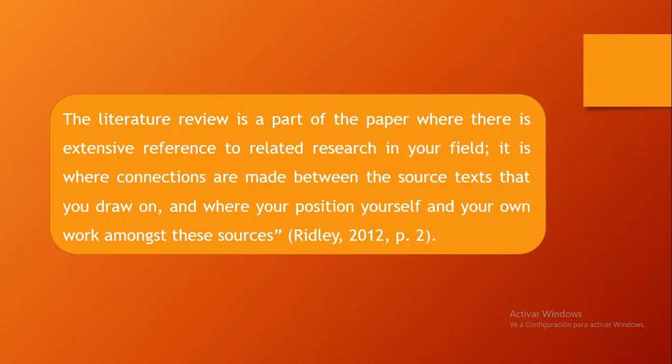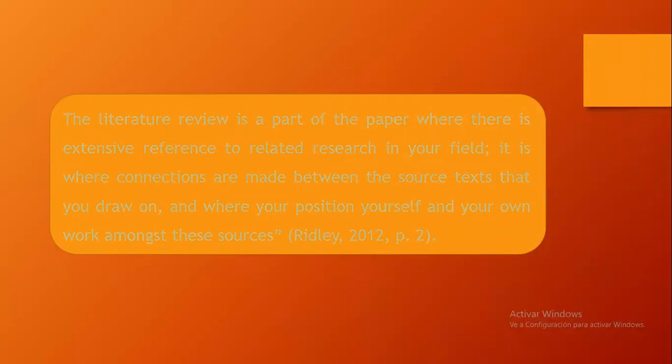By doing this part of the research, you must show what research has been conducted in your field and what is the relationship between the concepts, sources, and texts existing in the field. You must address them critically, as well as you must find a niche to position yourself and your research within the field of existing knowledge.